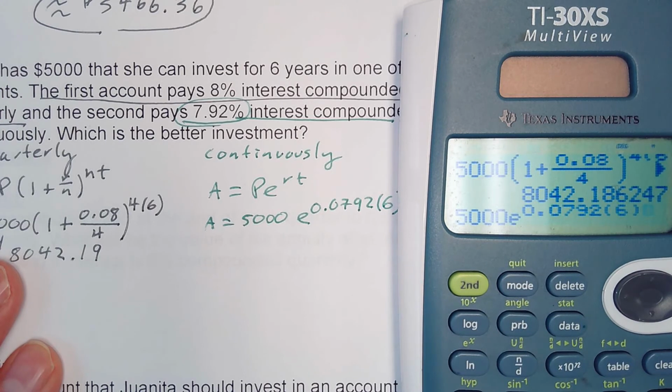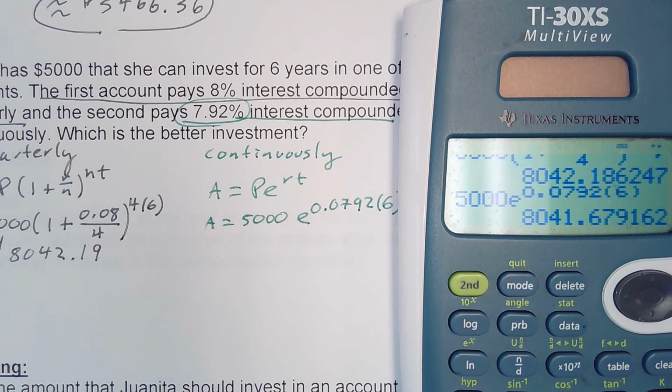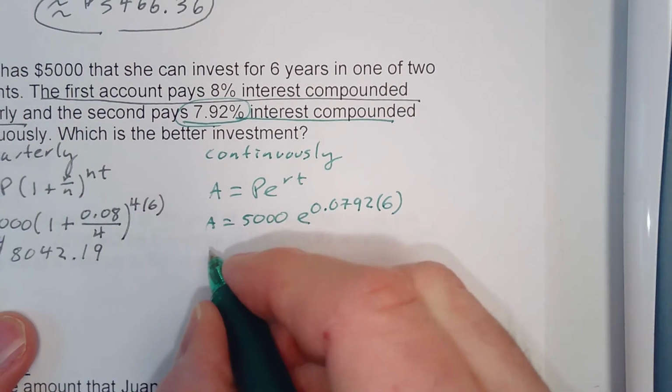Then we're just going to hit enter. And rounding that off, that'd be $8,041.68.